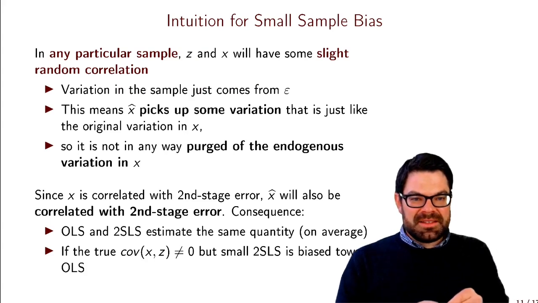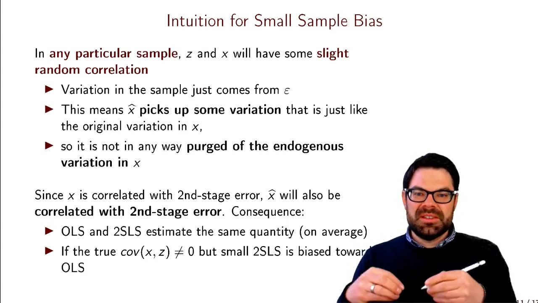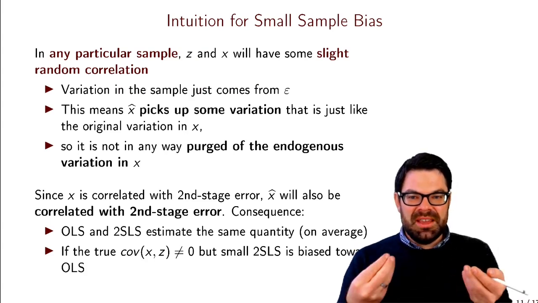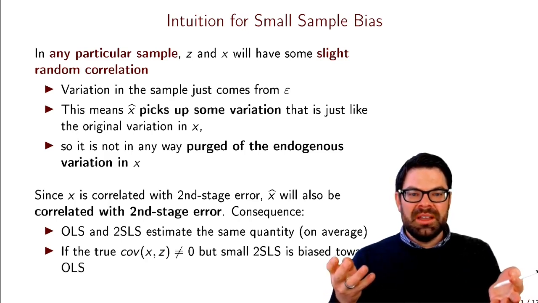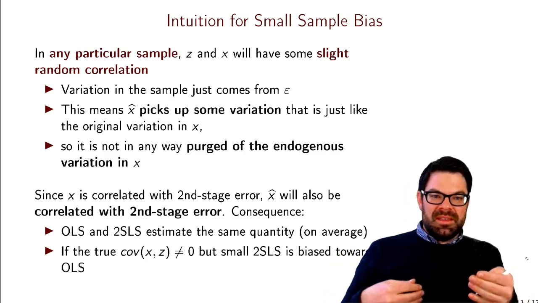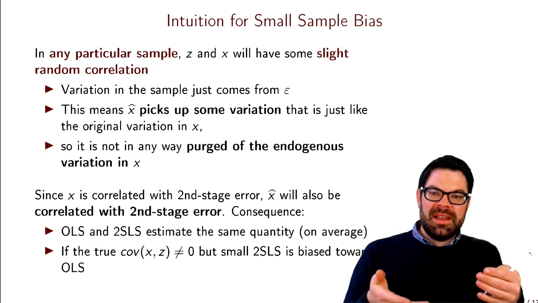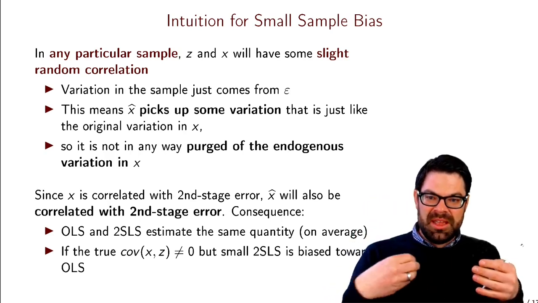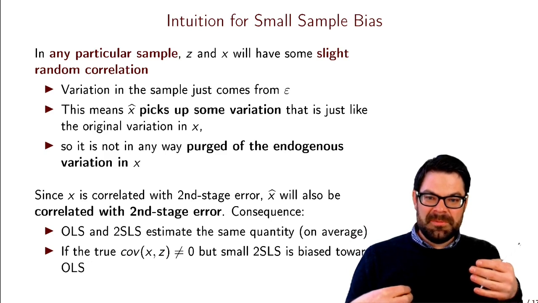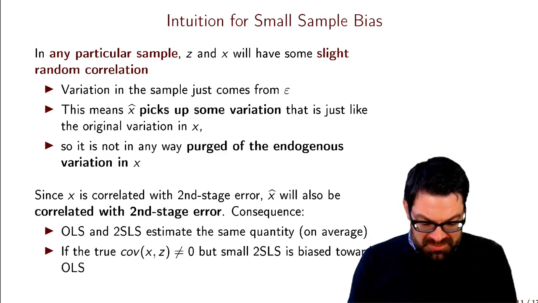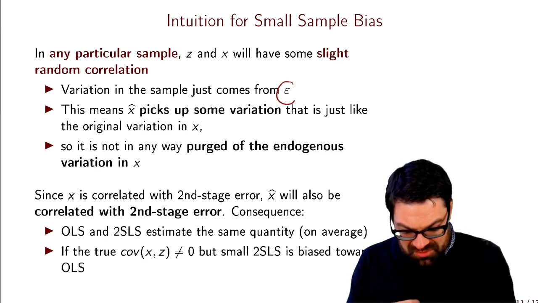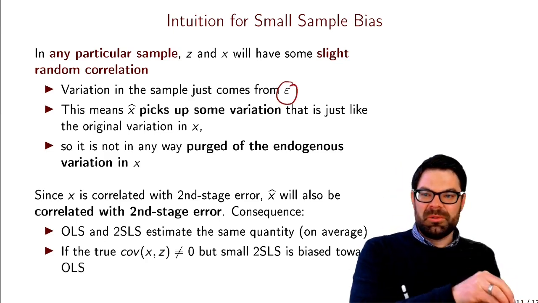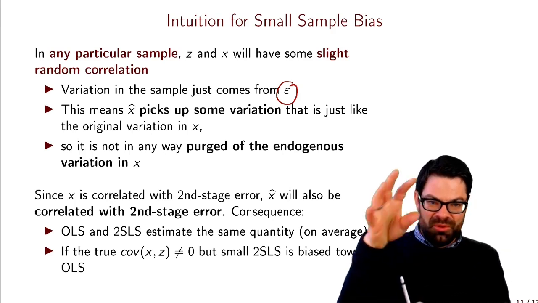And that's a general insight of instrumental variable estimators. In any finite sample, there will always be some random correlation between the error term and the instrument. Your instrument will always have some small correlation with the noise in your model.